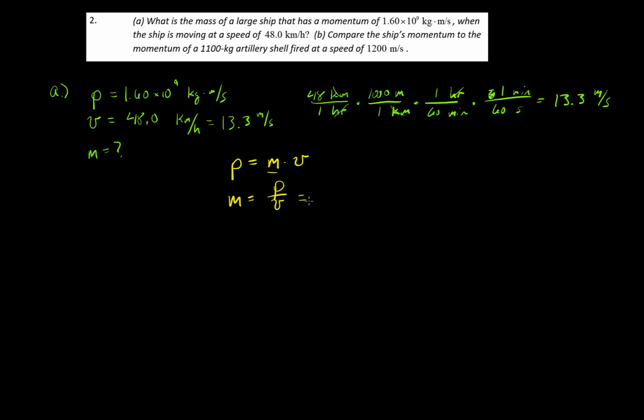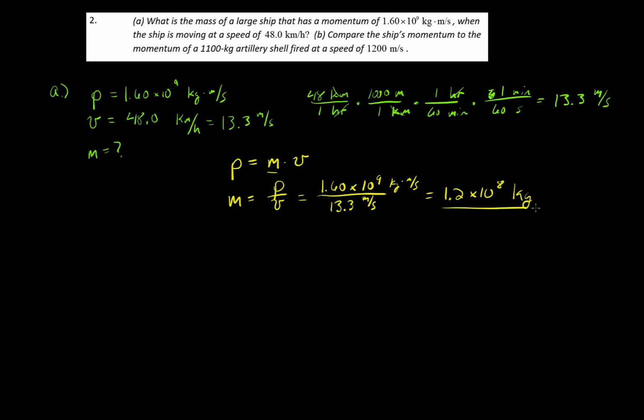That would be the momentum, 1.60 times 10 to the 9th, over the velocity, 13.3 meters per second. That's kilogram meters per second. If we divide that, we'll get 1.2 times 10 to the 8th kilograms. It's kilograms because we're talking about mass.